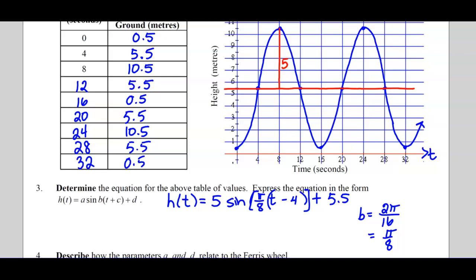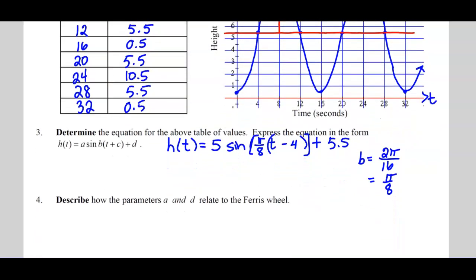That's going to be a quarter of a rotation. It took 16 seconds to complete a rotation, so 1/4 of that is 4 seconds. Just if you didn't graph it, and you're just trying to figure it out without actually graphing the Ferris wheel function. That's it.